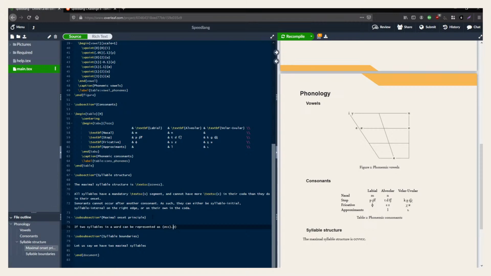This way. Can I do a subscript? How do I do subscript in LaTeX? I don't remember.